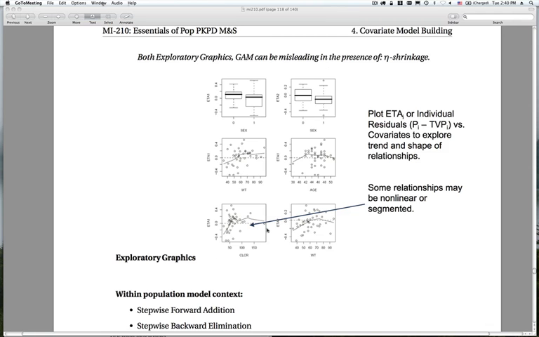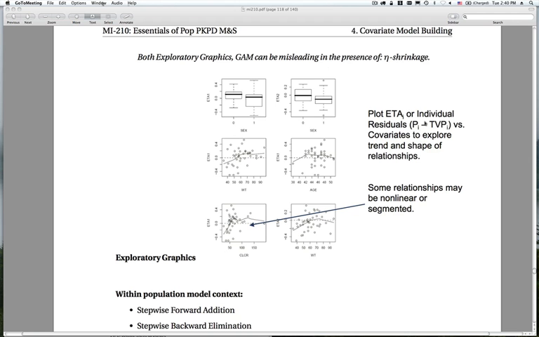So it might be a nonlinear type relationship, or maybe a segmented relationship. And with creatinine clearance, that's notorious because of the bias in the Cockcroft calculation when renal functions are healthy. But that's the kind of relationship you might see as well. So that might change your strategy for the way that you would parameterize the covariate model.